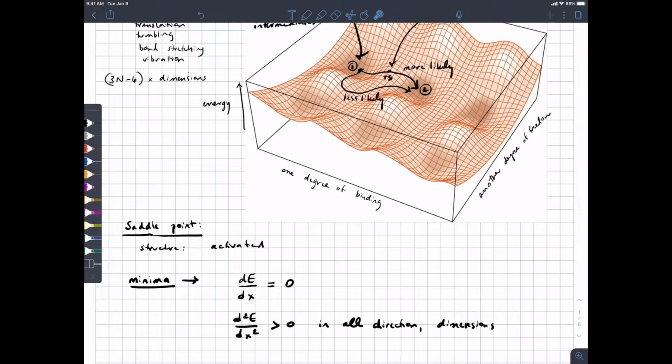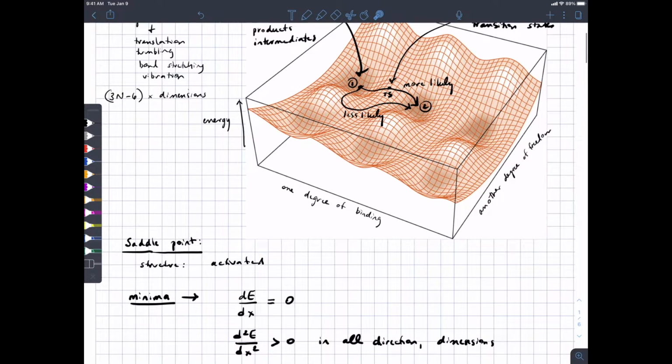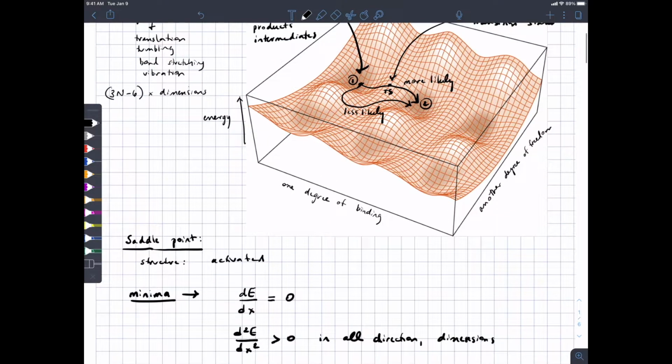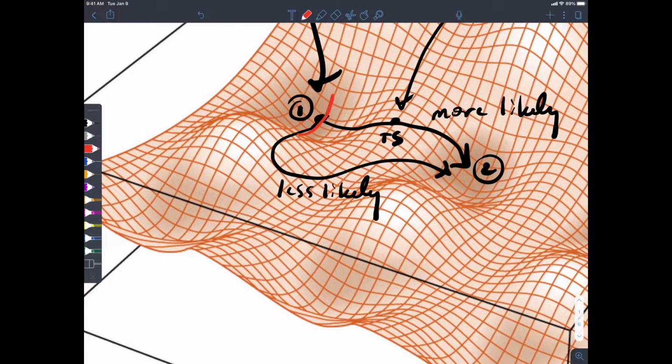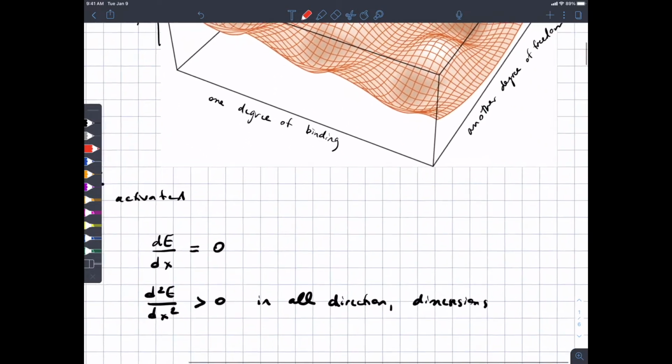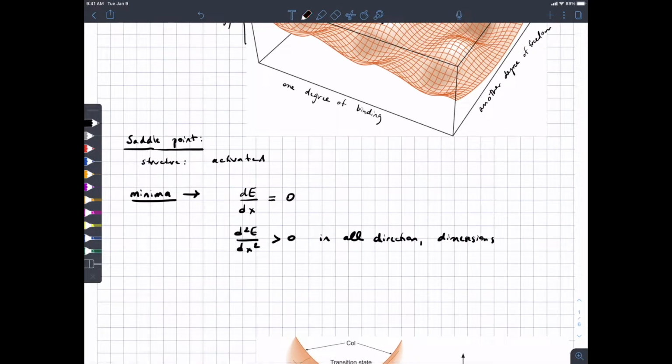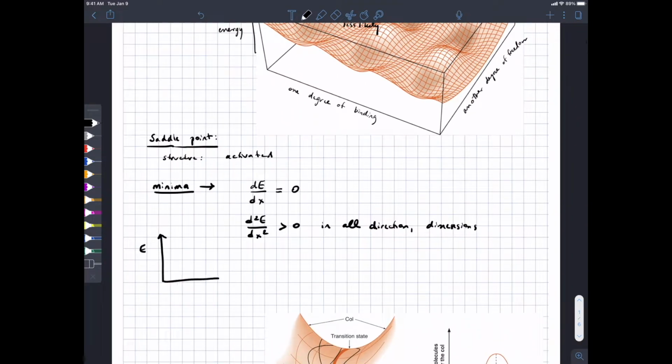And I guess, I don't know, I didn't explain that particularly well. Remember, the second derivative is how the slope is changing. So if you're at a minimum, let's look at this particular slice of the energy minimum, and we'll have energy on this axis, and then we've got another degree of freedom.